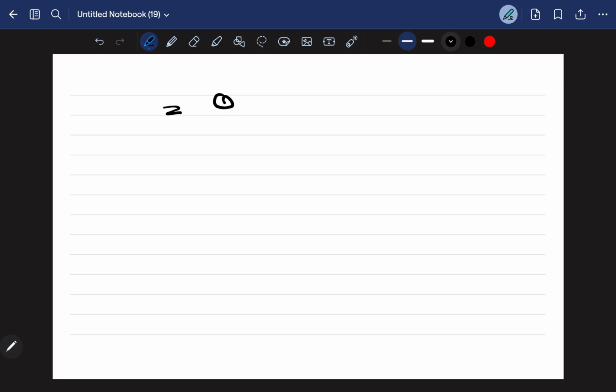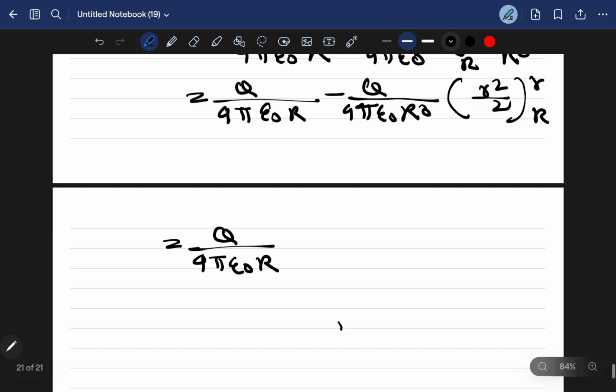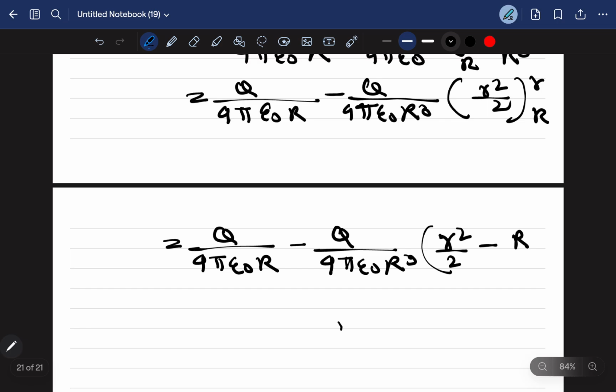So what we got? Q by 4 pi epsilon naught into R minus, now we are putting in the limits, q over 4 pi epsilon naught R cube into r square by 2 minus R square by 2.